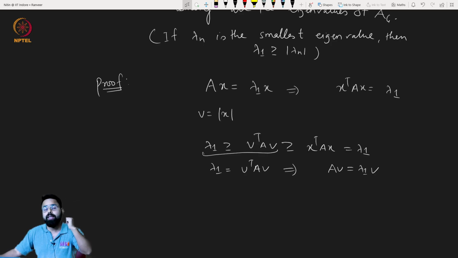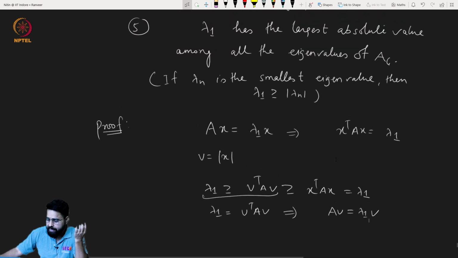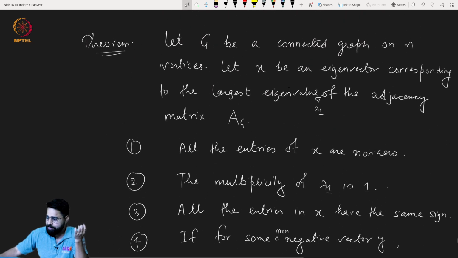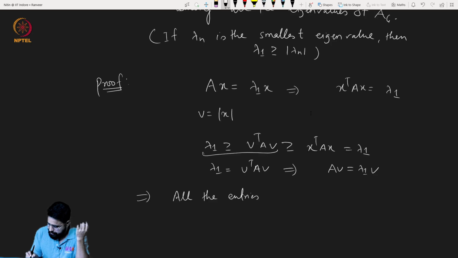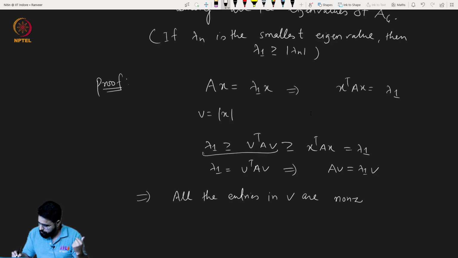So if there is a zero in v, that means the graph is disconnected. But we have taken the graph to be connected. So that will imply that all the entries in v are non-zero.